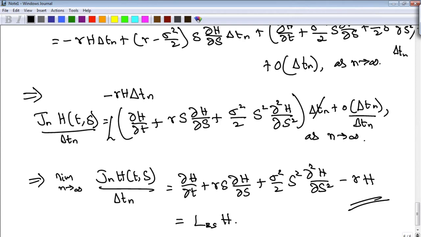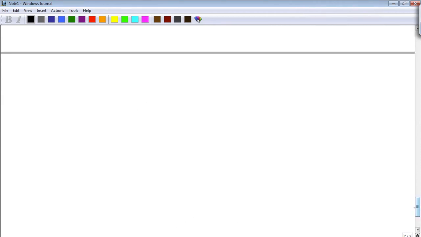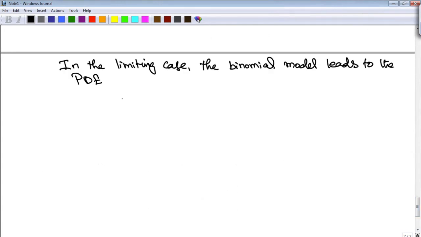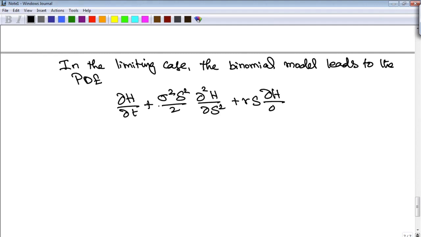This theorem enables us to write the Black-Scholes model in the form of a partial differential equation. So from this theorem, we can say that in the limiting case, the binomial model leads to the PDE ∂H/∂T plus sigma square S square by 2 ∂²H/∂S² plus RS ∂H/∂S minus RH equal to 0.